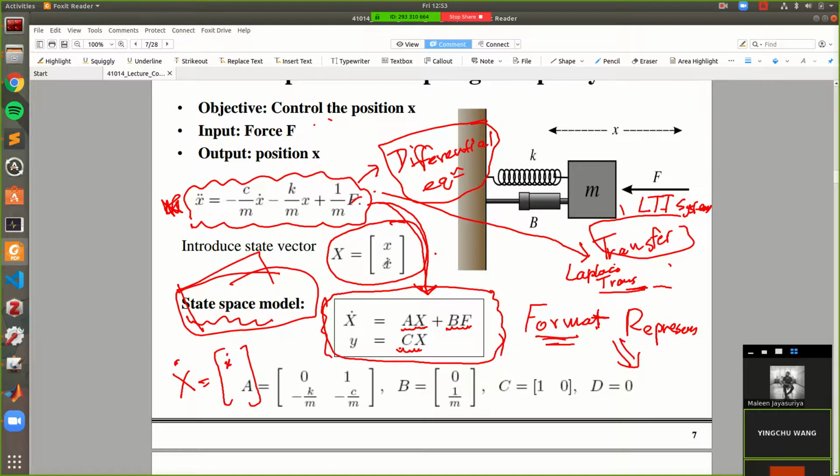Yes, exactly. So what does that mean? That's just saying this is how X is changing with time. And this is X. So what's the relationship between your current state and how it's changing with time?